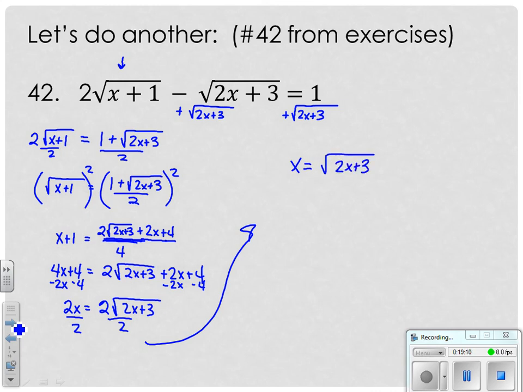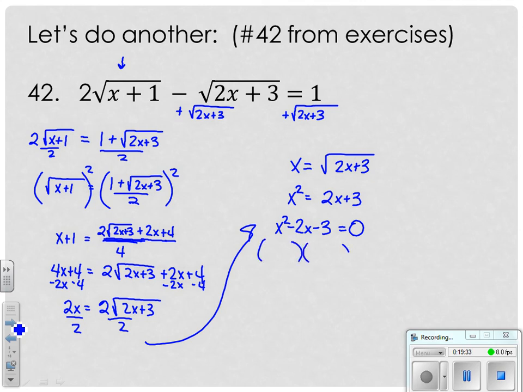All right, I have that square root isolated. If I square both sides right now, I'll have an x squared on the left and 2x plus 3 on the right. Get everything together. So x squared minus 2x minus 3 is equal to 0. I have a regular looking quadratic.